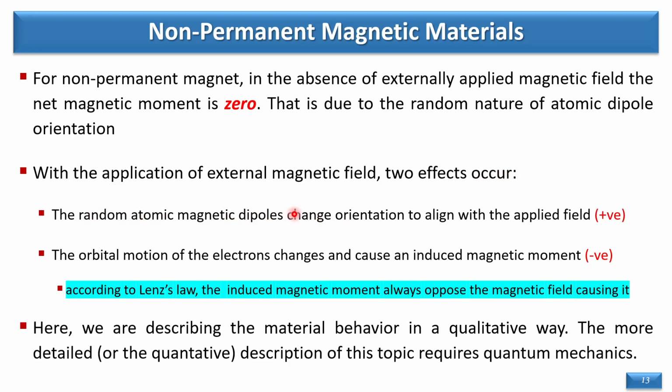The spinning electrons will try to orient themselves along the applied field, causing some amplification of the applied field, and the orbital motion will try to induce a magnetic moment that resists the applied one, which is negative. According to Lenz's law, the induced magnetic moment always opposes the magnetic field causing it.